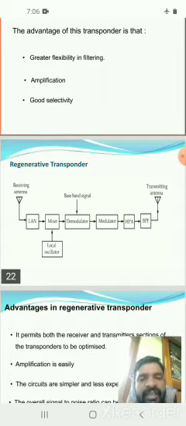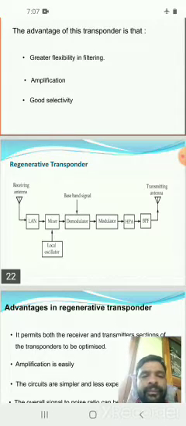So, the regenerative transponder consists of a receiver antenna, low noise amplifier LNA, mixer, local oscillator, demodulator for the baseband or message signal, modulator, high power amplifier, band pass filter, and transmitter section.